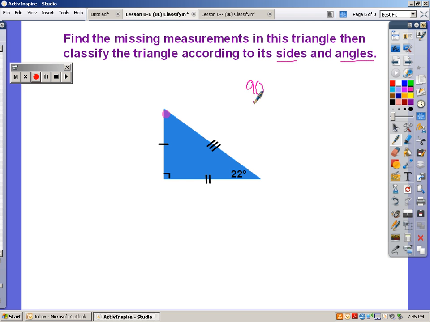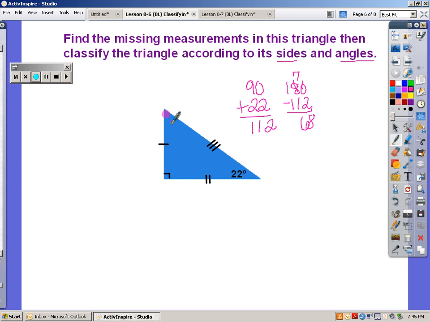I know that box down there in the corner means I have a 90-degree angle, plus 22. So that's 2 and 11. So far I have 112 degrees. So I'm going to subtract, and I know that that's 7 and 10. 10 minus 2 is 8. 7 minus 1 is 6.